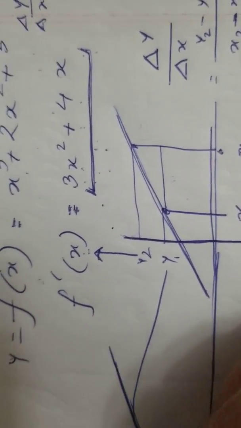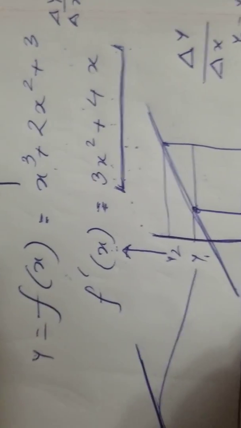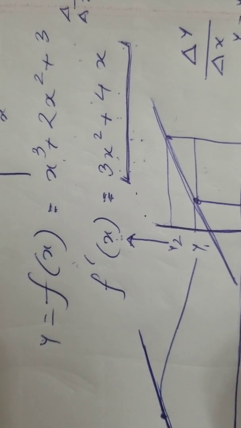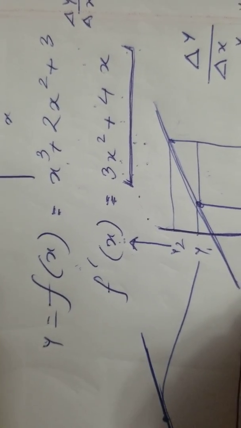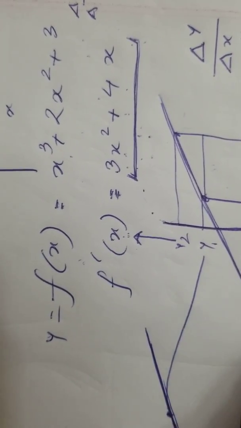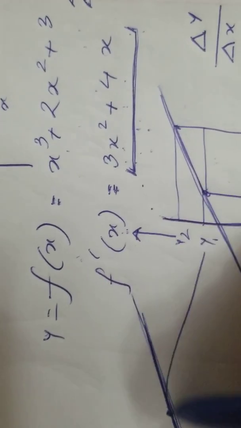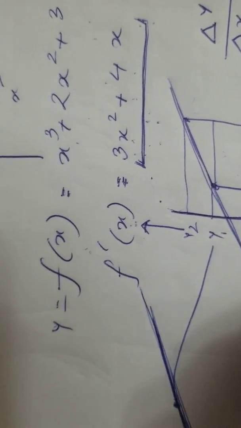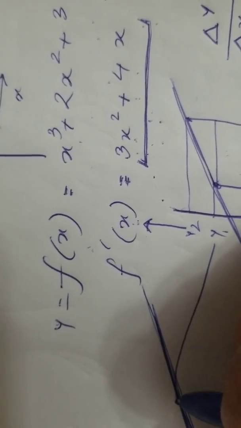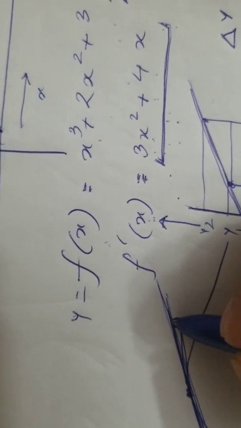So let's say, to find out this slope, this could be a curve by itself, or a linear line by itself, right? And if we want to find out the slope for this line, we take two points here and here, and then do that.